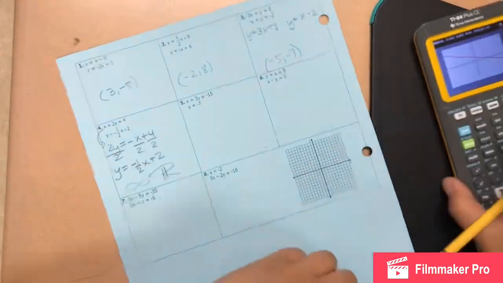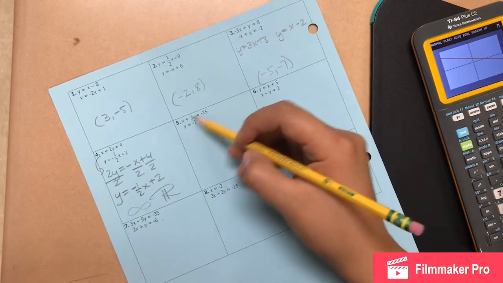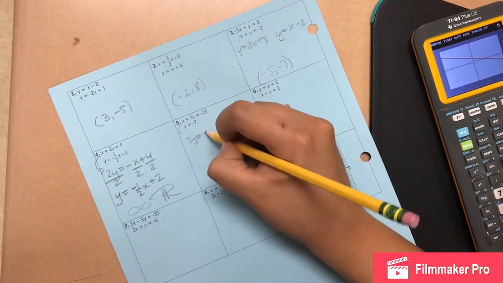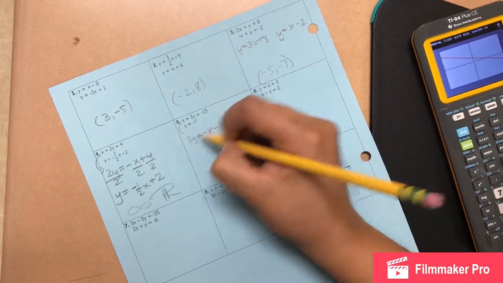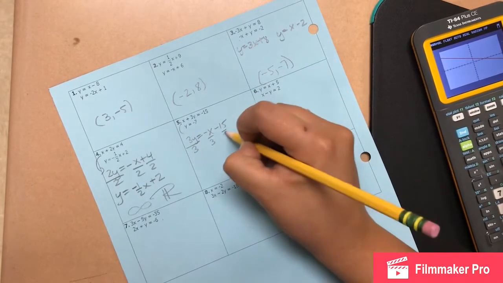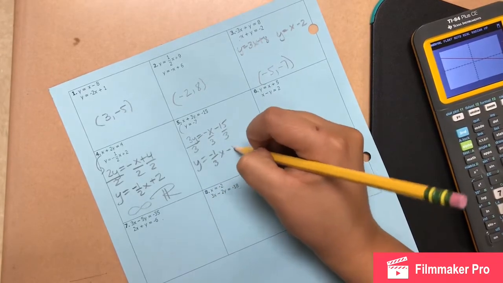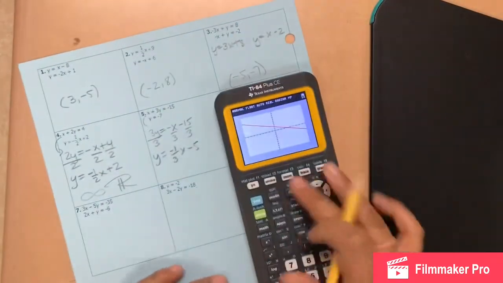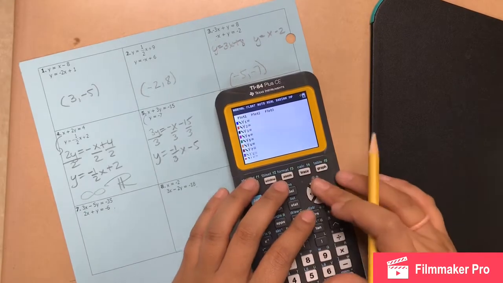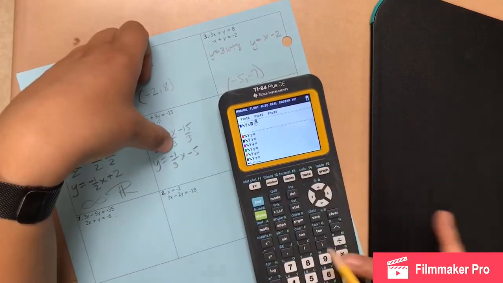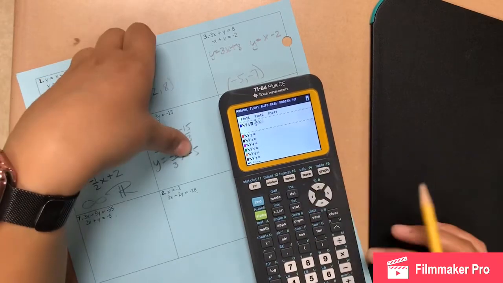Now, number 5, one's already in y equals, the other one is not, so I do have to subtract x. So I get 3y equals negative x minus 15. Divide by 3. So y equals negative 1 over 3x minus 5. If I graph both equations on my calculator, the first one was negative 1 over 3x minus 5.